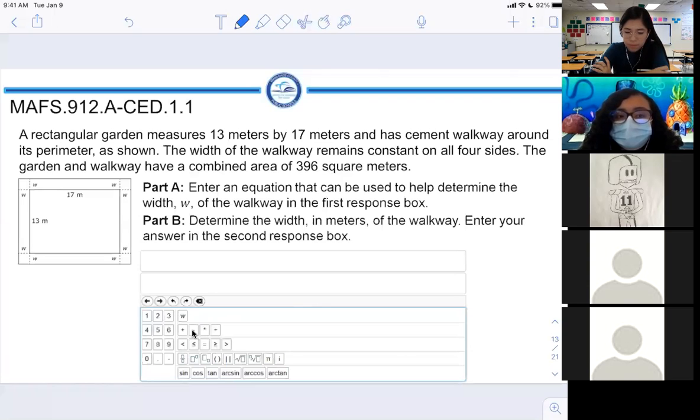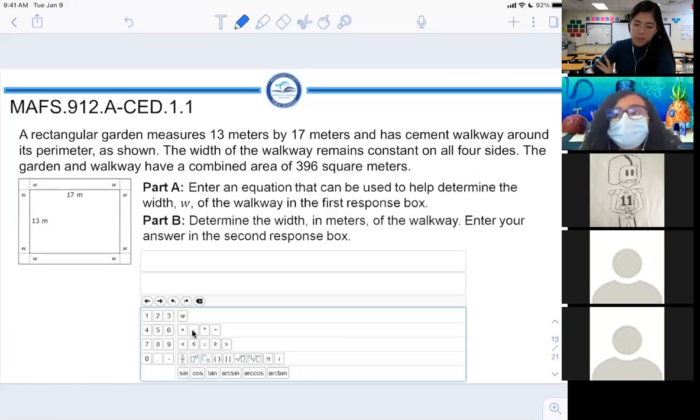The garden and walkway have a combined area of 396 square meters. Part A, enter an equation that can be used to determine the width, W, of the walkway in the first response box. Part B, determine the width in meters of the walkway. Enter your answer in the second response box.